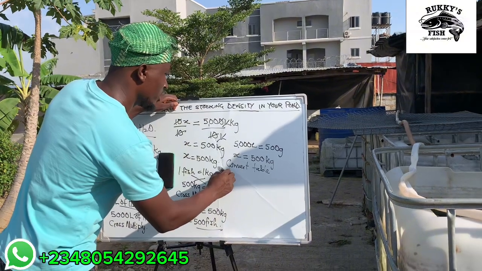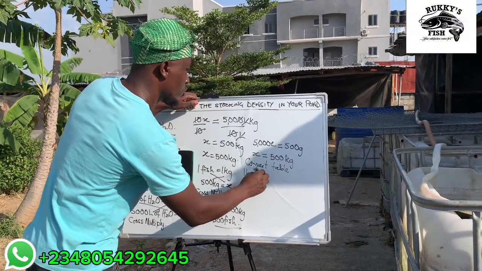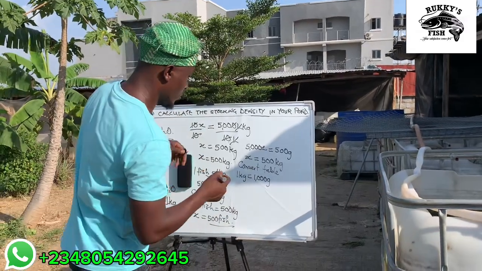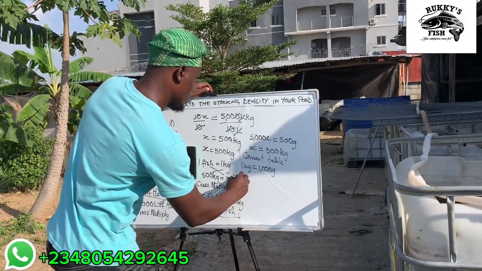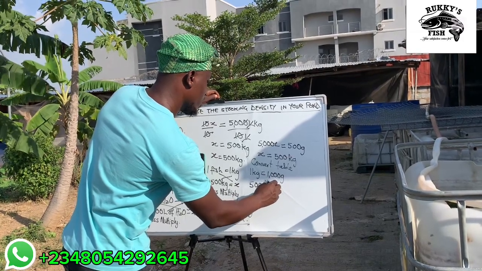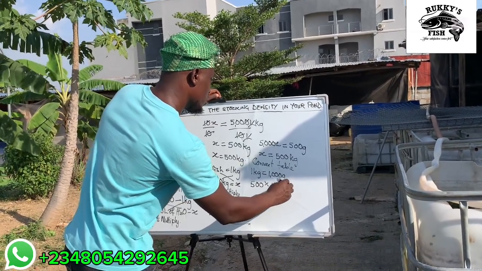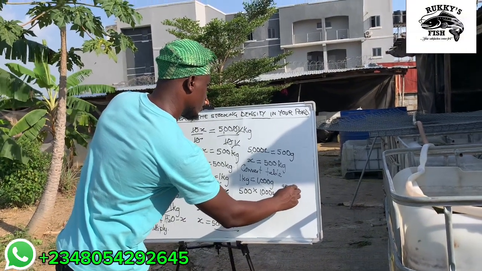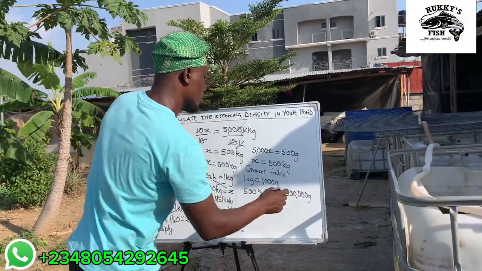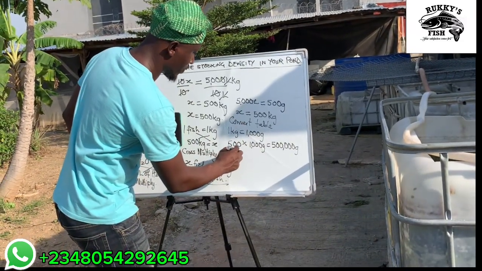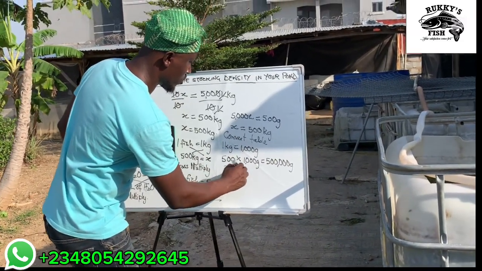So 1 kg is equal to 1,000 grams. Okay, so we bring down 500 times 1,000 grams is equal to 500,000 grams. Okay, so having converted, we now have our x is equal to 500,000 grams.